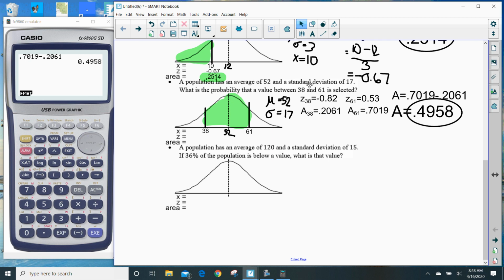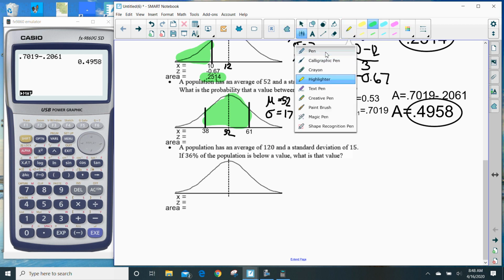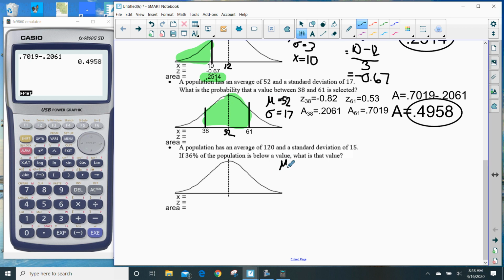Okay, so a population has an average of 120, standard deviation of 15. And it says that 36% of the population is below the average. This 36% is an area.